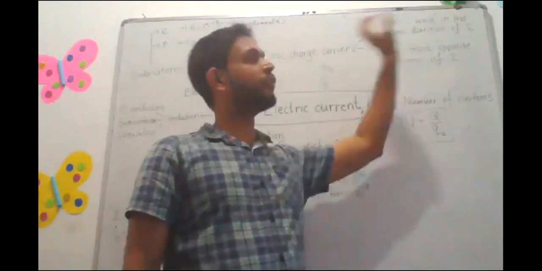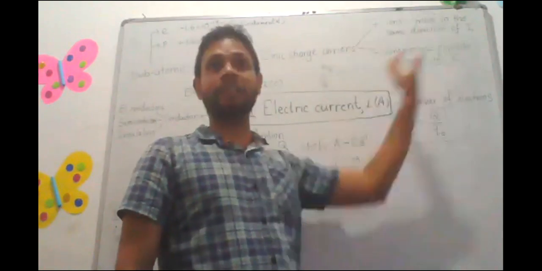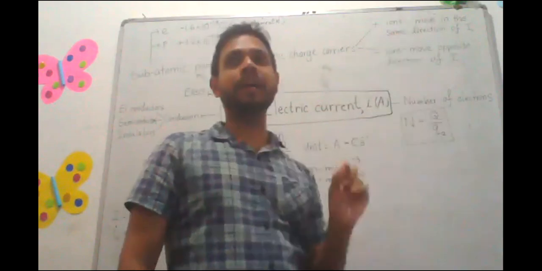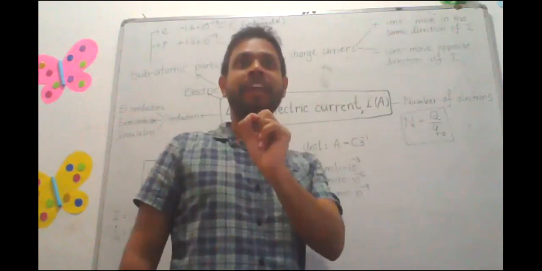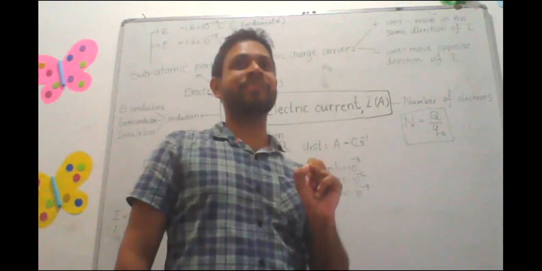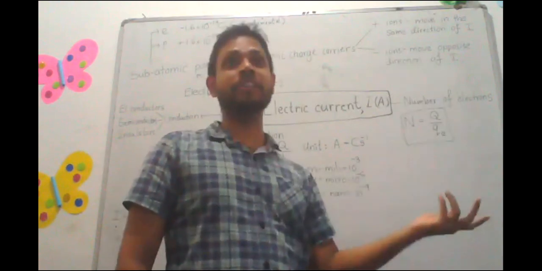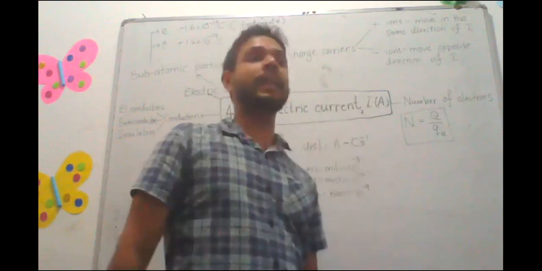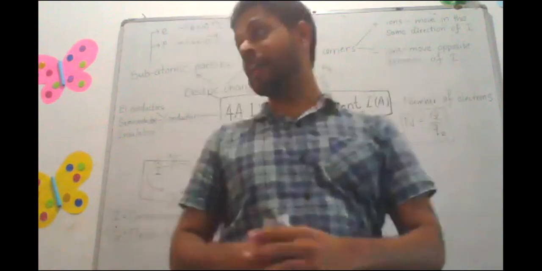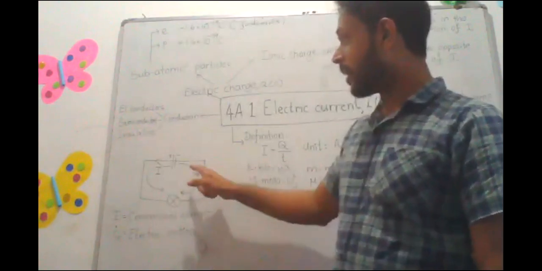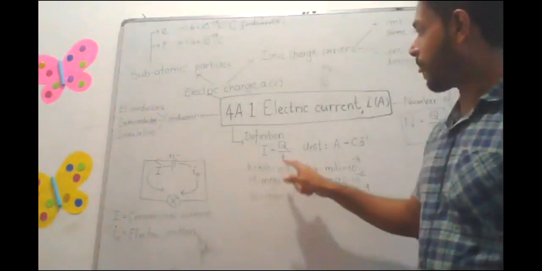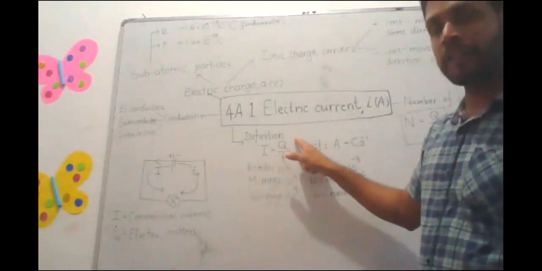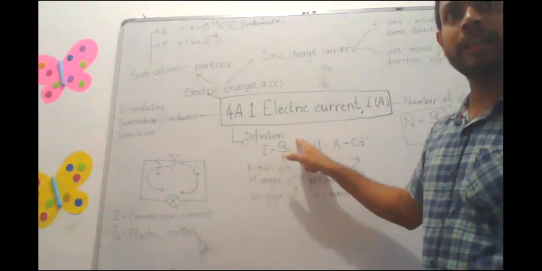If you have done electrolysis, you know that sodium ions move in the same direction as electric current, but chloride ions are negatively charged, hence they move in the opposite direction to the electric current. But what is electric current? Let's talk about that. Electric current is the rate of flow of electric charge.